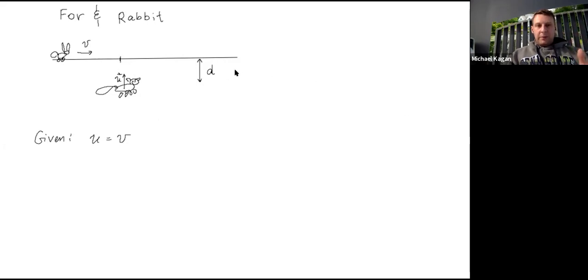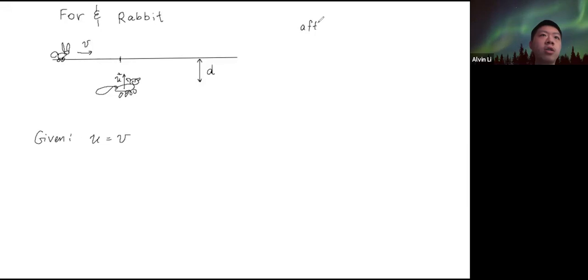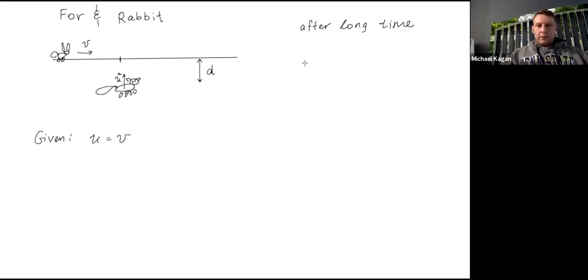What's going to happen? What will you see happening after a sufficiently long time? The direction of the fox's movement asymptotes towards the road. Yes. So after a long time, you can assume that the fox is actually also on the road.